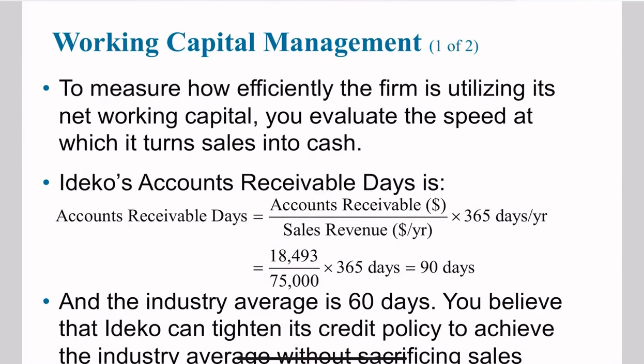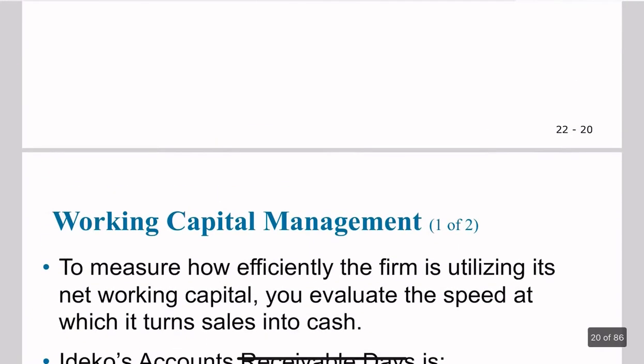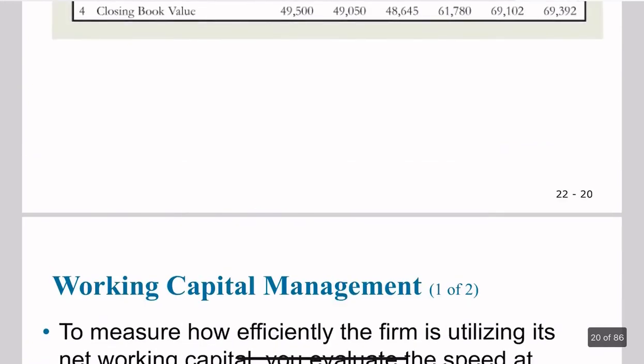Now, what kind of measures can we think about for the efficiency of working capital management? Well, we could use these working capital days. For example, we can look at IDCO's accounts receivable days. So first, if you look at a firm's balance sheet, then you would see that its current asset contains several parts, right?